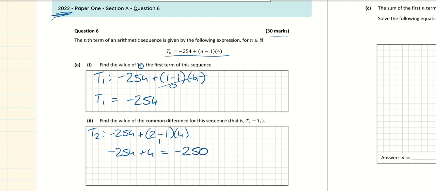So what's the difference between minus 254 and minus 250? The difference is just 4. And if you knew your formula well, you would know that this 4, remember our formula is a plus n minus 1 d, so we'd have known that the 4 should have been the difference anyway.